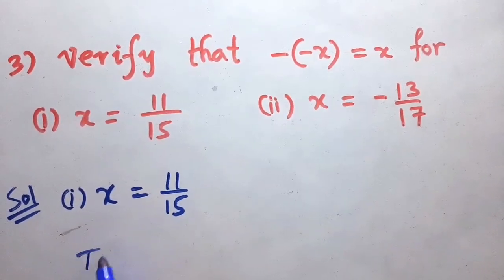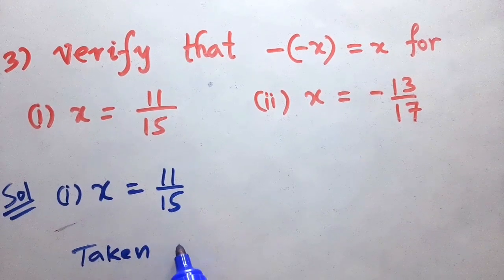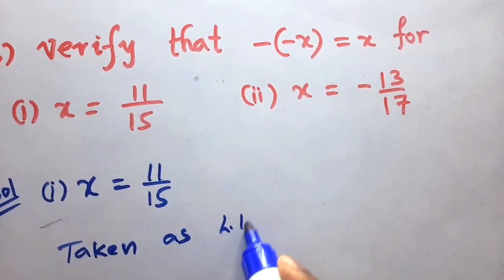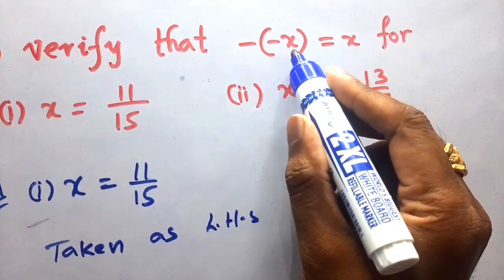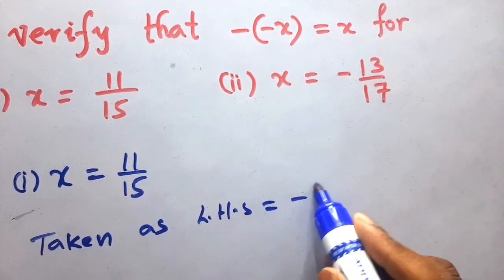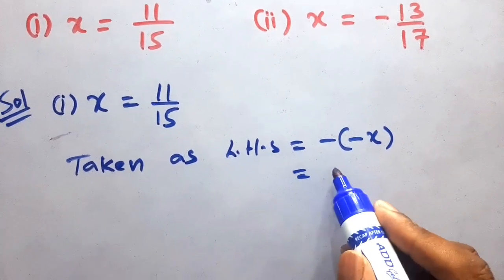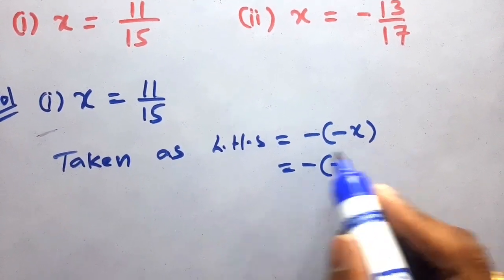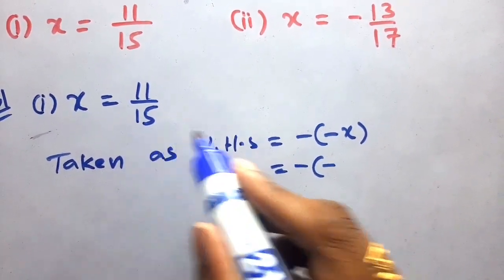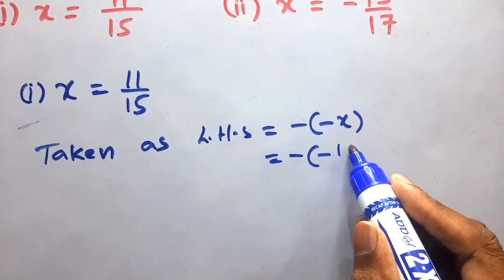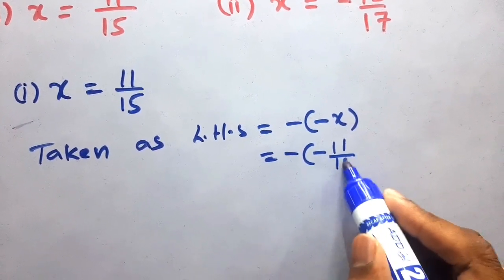First take LHS. LHS means left hand side. What is the left hand side given? Minus of minus x is equal to minus of minus, what is the x value given? 11 by 15. So take in this place 11 by 15.